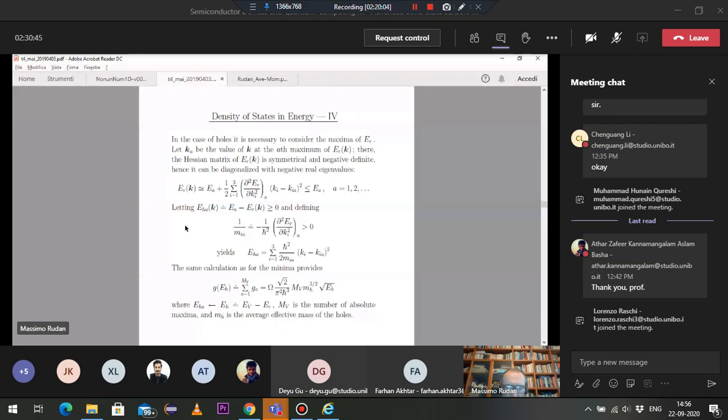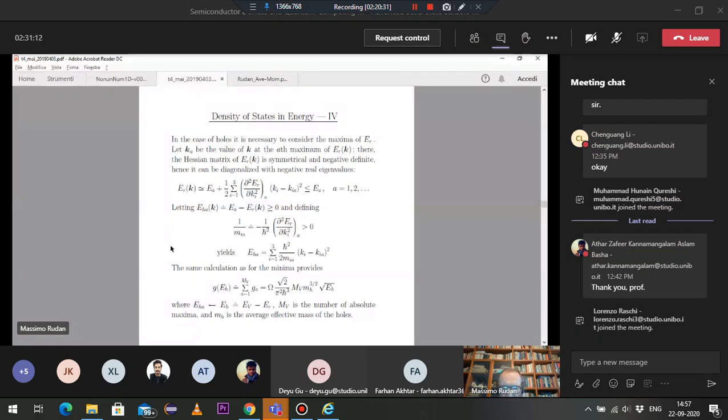Obviously, we don't like too much having negative masses, okay? So in this case, the inverse effective mass is defined with a minus, okay? So for the valence band, 1 over m is minus 1 over h bar squared times the second derivative, so it turns out to be positive, okay?